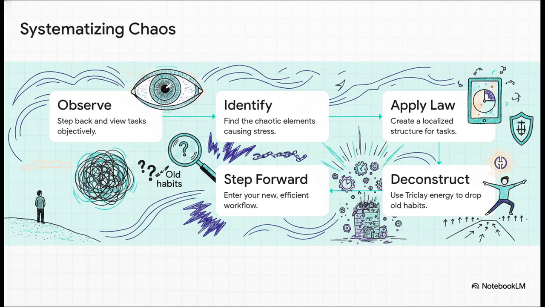For the next hour, I am only answering emails. Period. Nothing else. Step 4. Channel that Tricklay energy we talked about a minute ago to just completely deconstruct and drop your old multitasking anxiety. And finally, step 5. Step into that new workflow. It's basically a mini quantum leap in productivity happening right at your desk, all powered by the underlying mechanics of the abyss. How cool is that?